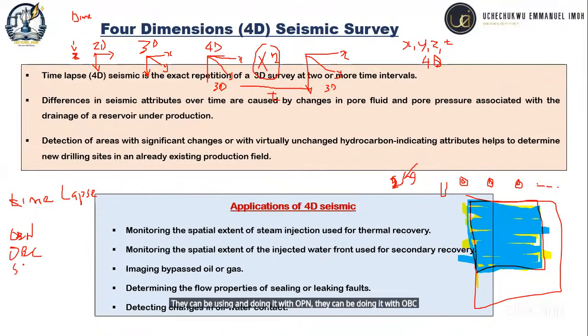They can be doing it with streamer. So most of the IOCs that have deep offshore are using OBN and OBC surveys. They will also be doing this time-lapse seismic. So they can be using OBN, they can be using OBC and all that. So it doesn't matter.